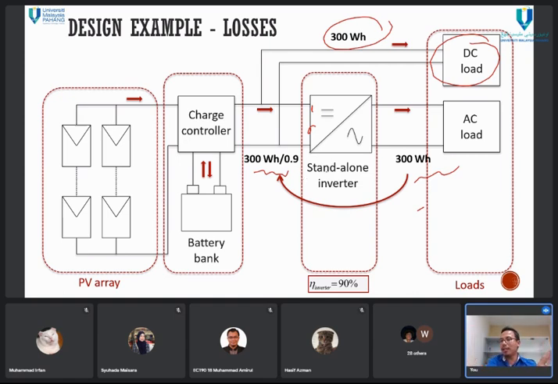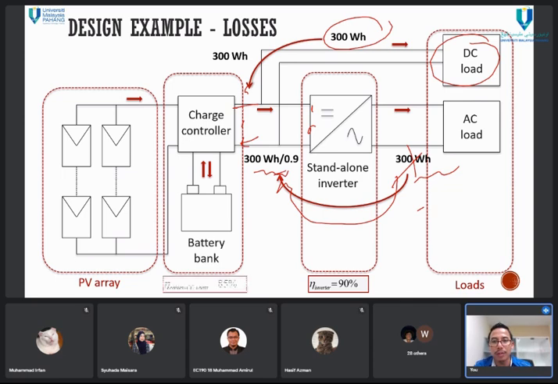Not 300 watt hours anymore. Now we are considering 300 over 0.9 before the inverter. And then this one is the same. It comes to the charge controller. Then, like I told you, we assume the general system efficiency from the charge controller, connections, battery bank, connectors, everything, say 85%.